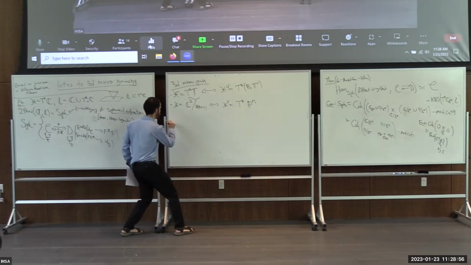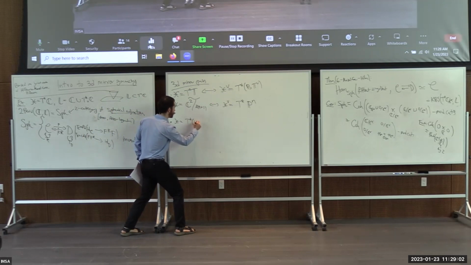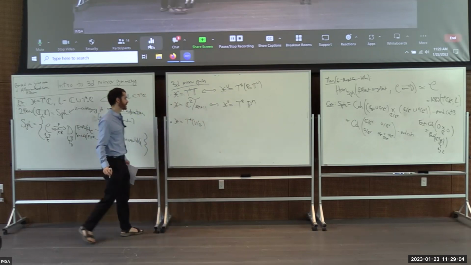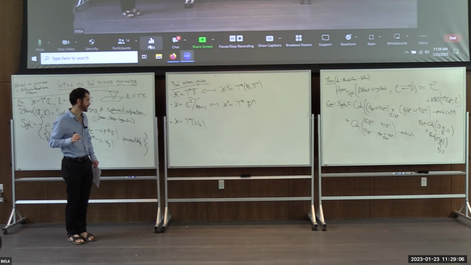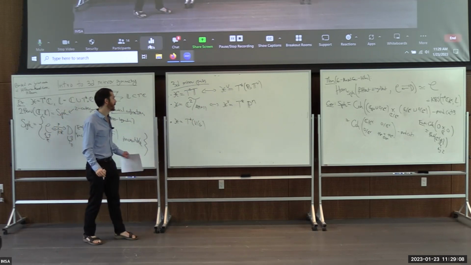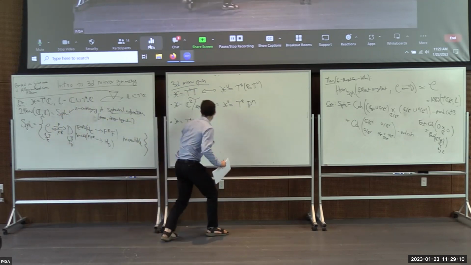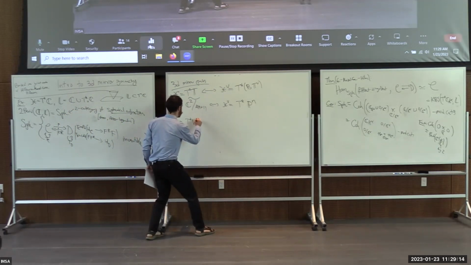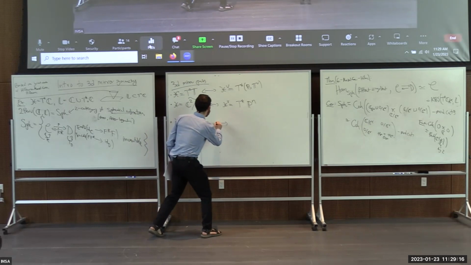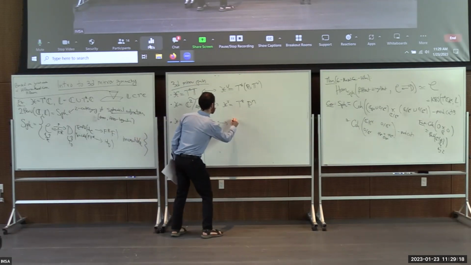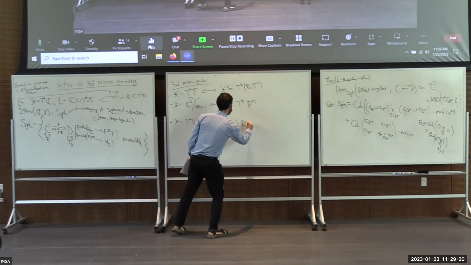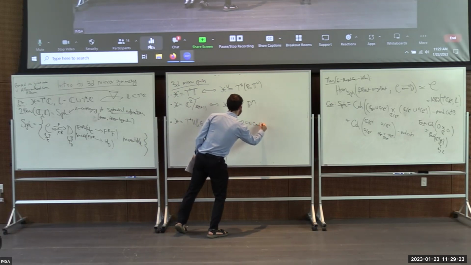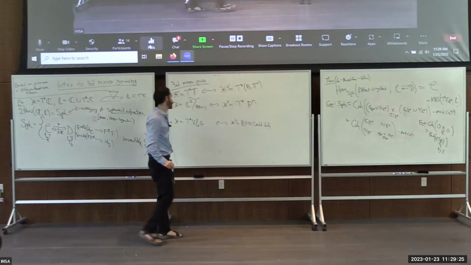And finally, if X is in general the cotangent bundle of V mod G, where V is a vector space and G is a representation, maybe I should say if it is a symplectic resolution by singularity, then its dual space X check will be this BFN Coulomb branch, which seems quite complicated.